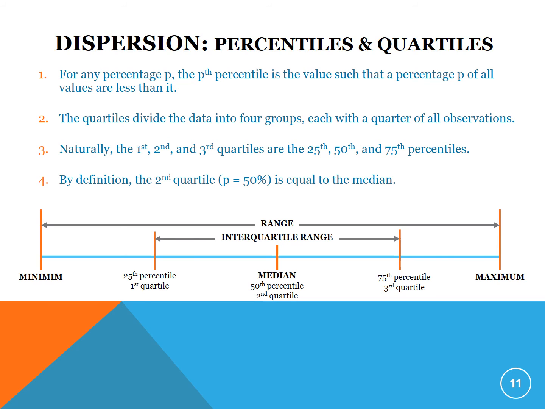The maximum, you would call the 100th percentile, because you did better than 100% of the people. You have a higher score than 100% of the people. That's all the people. Okay?